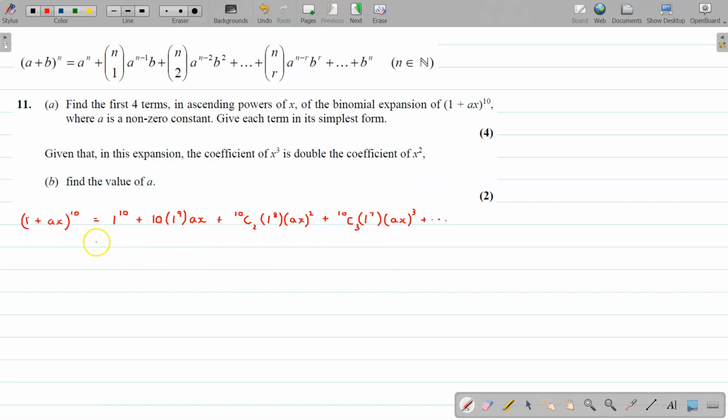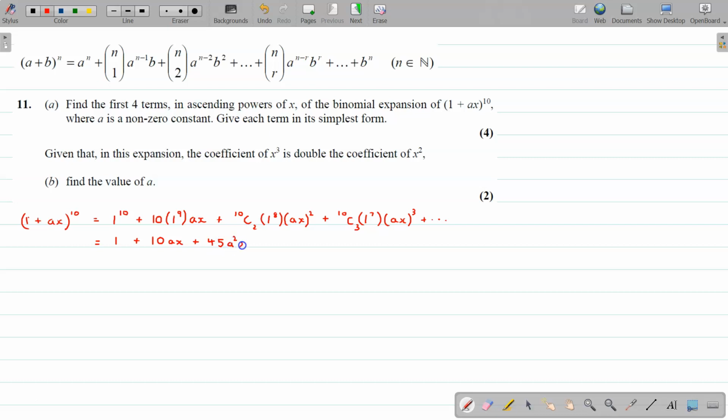So we now just put that in the calculator and find the actual values. So it's going to be 1. This is going to be 10 lots of ax. That's the second term. Okay. The third term, when you evaluate it on the calculator, comes to 45 ax all squared. Okay. Or 45a squared x squared.